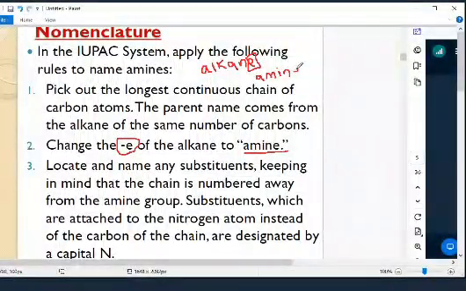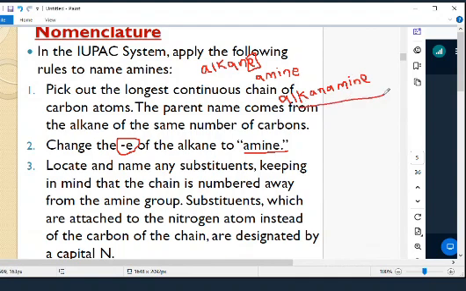So we are going to have the alkan, then the amine. The alkanamine.